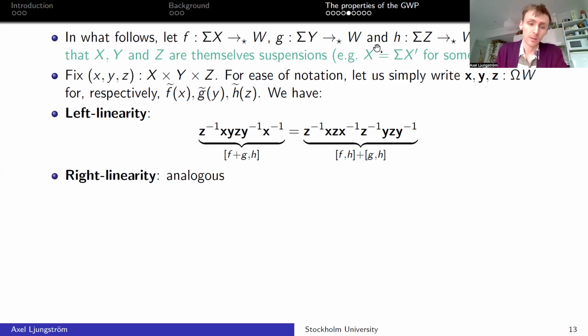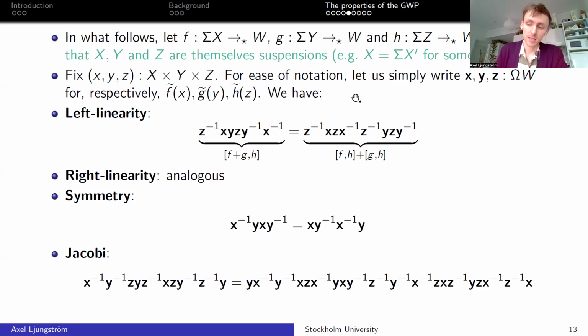And right linearity will be the same thing, of course, or similar thing. Symmetry will reduce to showing that these two words are equal. And the Jacobi identity is not as fun, but you can phrase it, or you can state it at least. I'm not gonna do this one in detail.